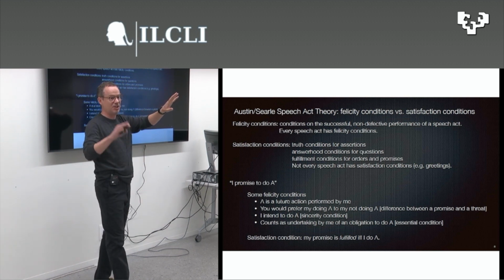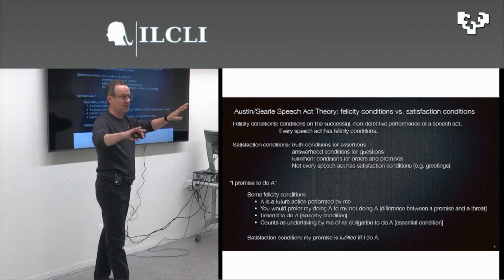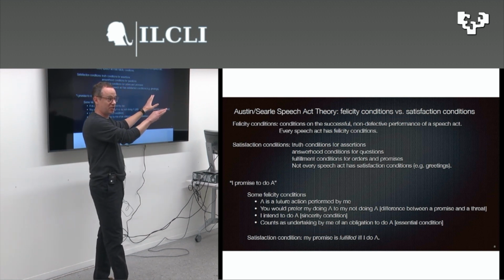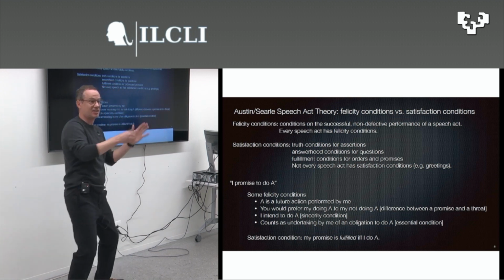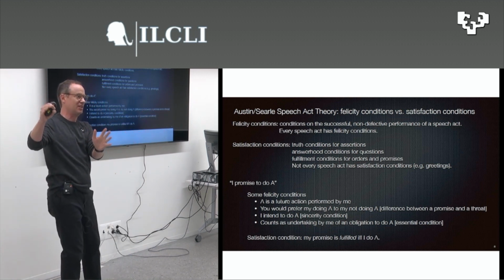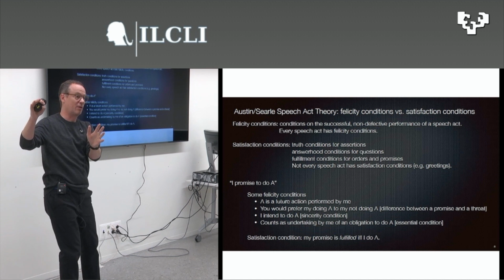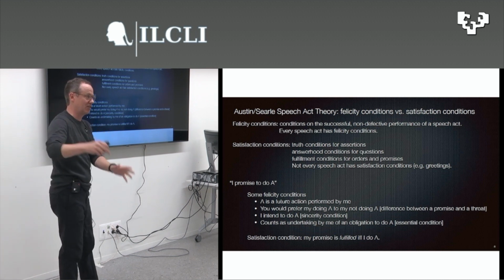An assertion can be true or false. All right, so on one hand, there's a question about whether an assertion is felicitous. Did it go off successfully? So let's suppose it did. Then in the case of assertions, we can then ask this further question, is it true or false? And that's to ask about the satisfaction conditions of the assertion.